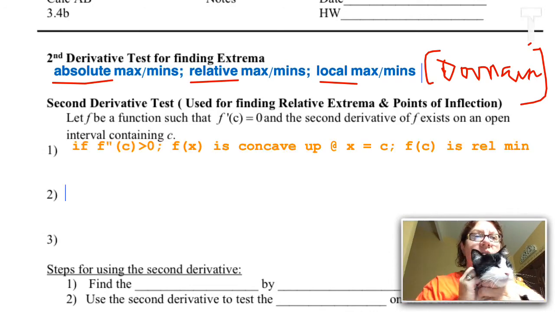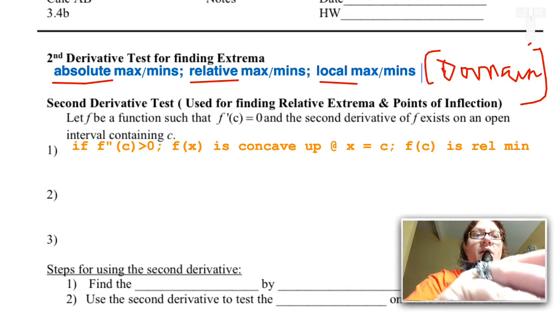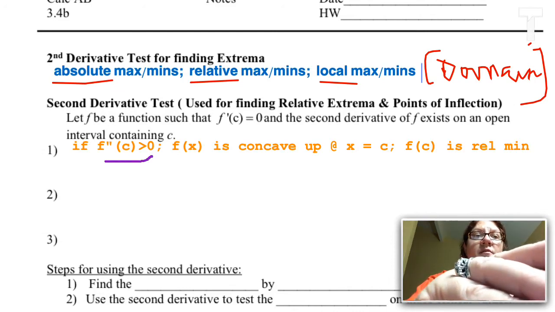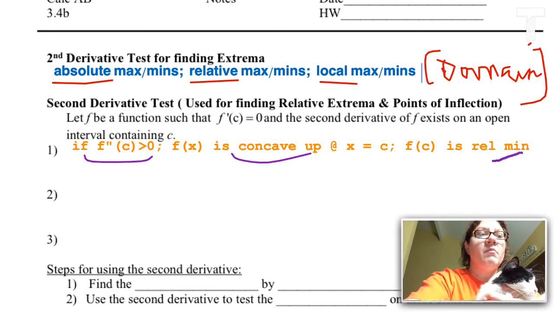So Patches says that when you find the critical points from first derivative, if you test it in second derivative and find out that in second derivative it's positive, then you'll know, oh, we're concave up at that spot, which means my critical point is a relative minimum.